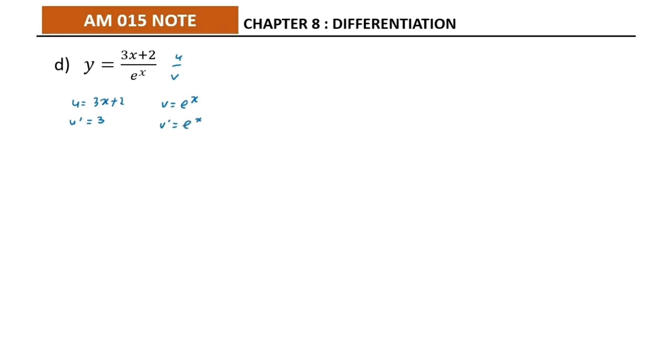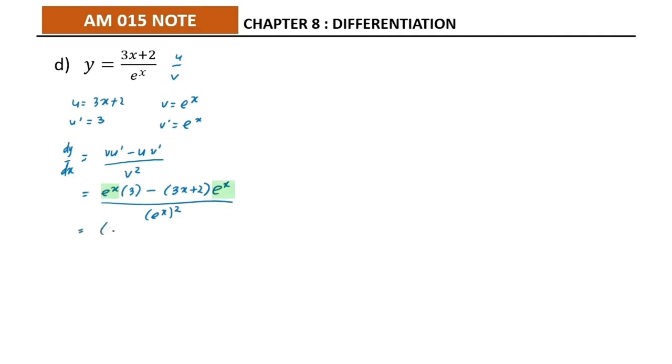Then differentiate using the quotient rule, differentiate y, we have dy/dx equals (v u prime minus u v prime) over v squared. So v is e power of x, u prime equals 3, minus u, 3x plus 2, v prime is e power of x, divided by v squared, (e^x) squared.